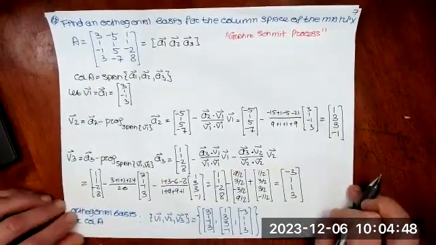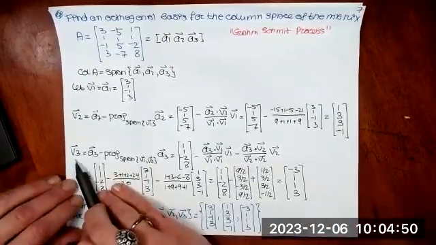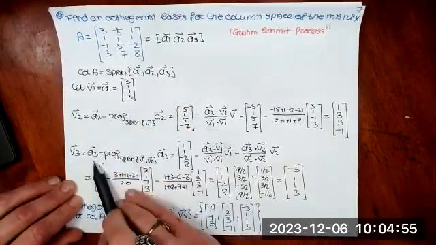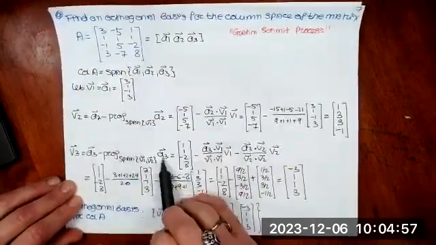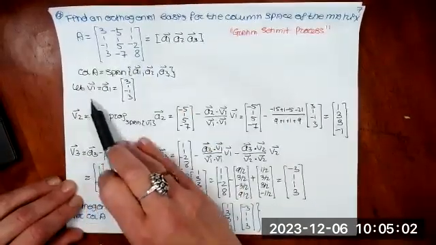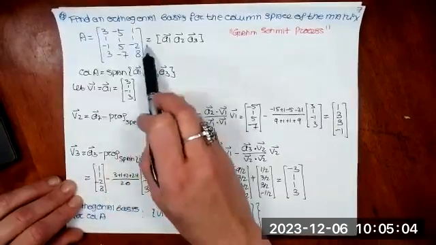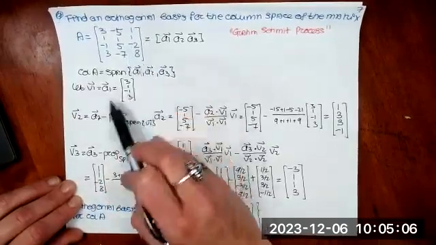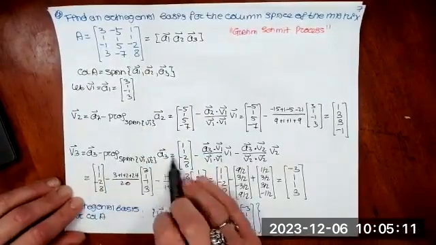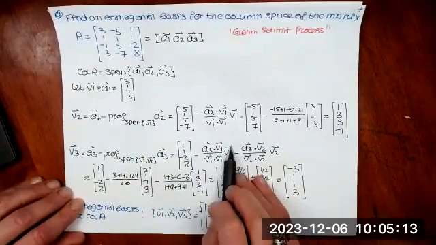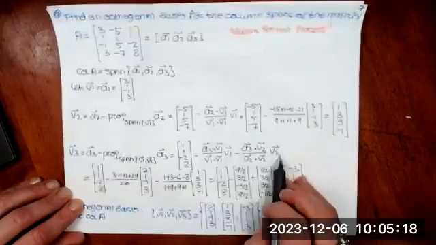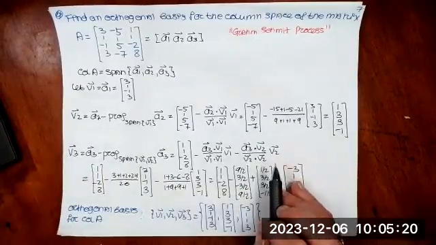Then we still have to do one more, V3. The same way, for V3 you take the third column and subtract the projection of the third column onto the subspace spanned by V1 and V2. So from the third column, you only take the component of it that's orthogonal to the V1 and V2 subspace. Here you just have to subtract a couple of things: the projection of the third column on V1, and the projection of the third column on V2.